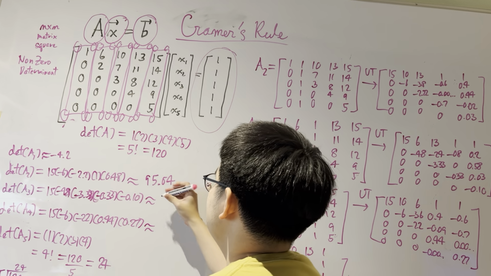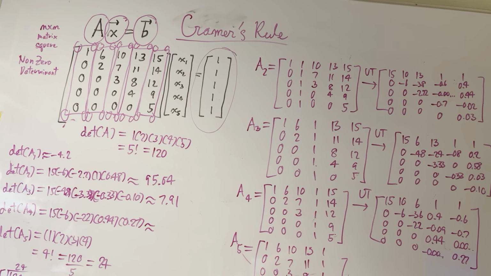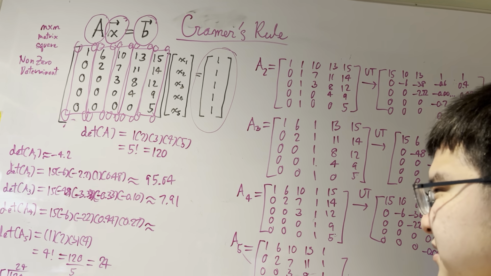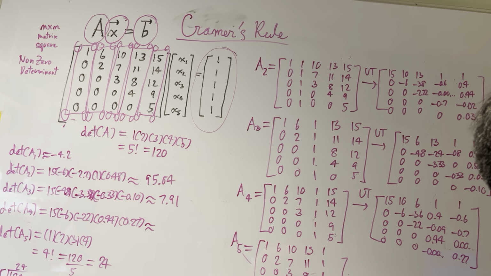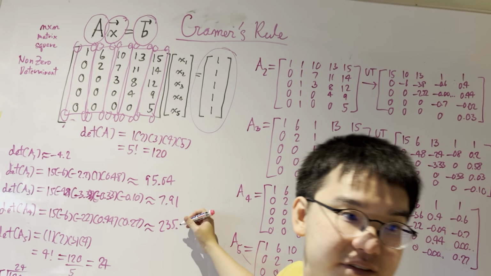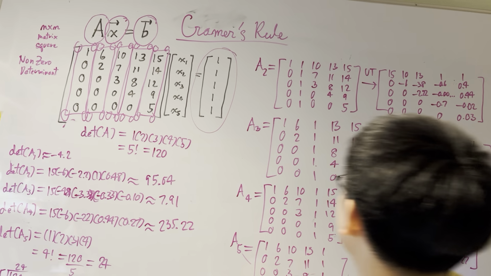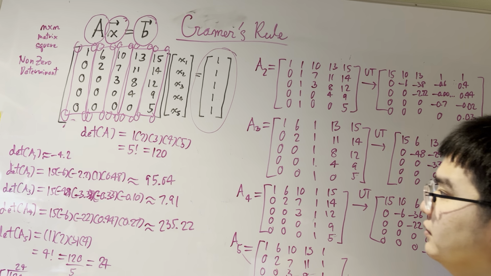That's going to be 7.91. That's going to be 235.22. And then we're done.